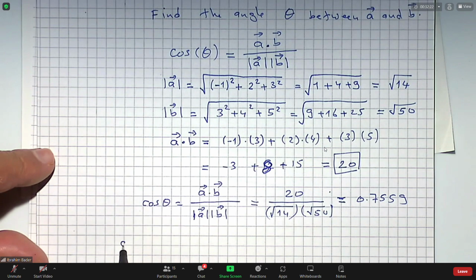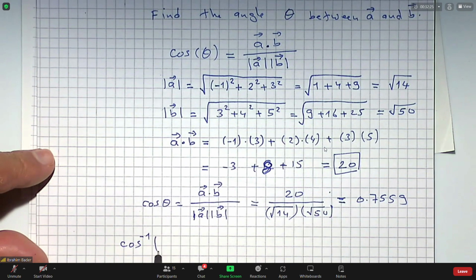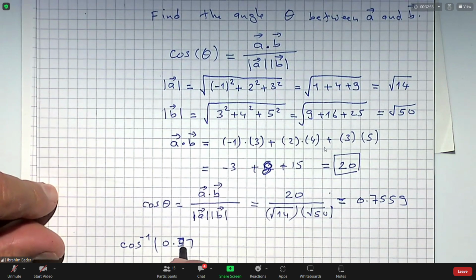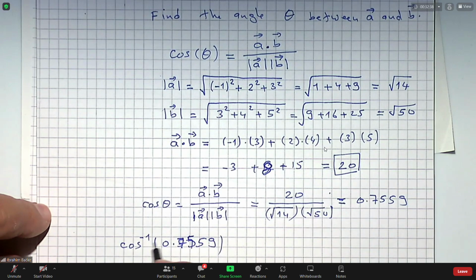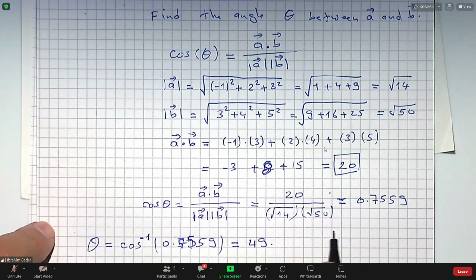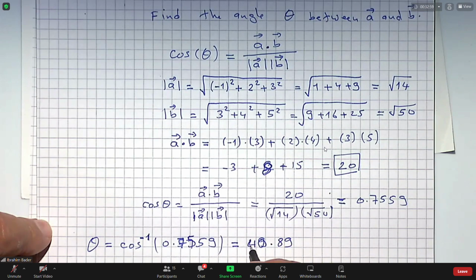If you take the inverse of that, the cosine inverse of this amount, you get theta, which is roughly 40.89 degrees. Okay.